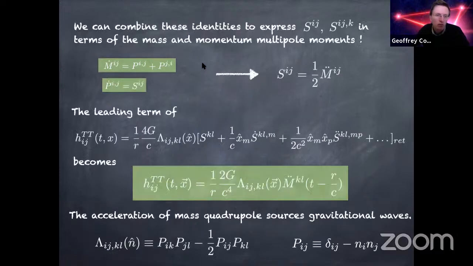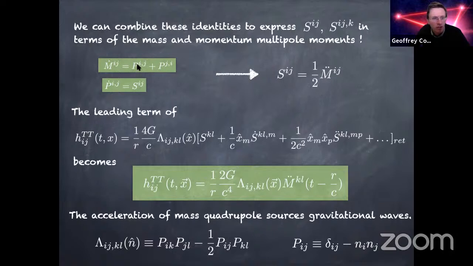Okay, so now we are convinced that this is true. We can combine these identities to express the spatial multipoles of the stress tensor in terms of the mass and momentum multipole moments. I will need these two relationships, and you see now that S^{ij}, if you do a second time derivative here, you have this one.